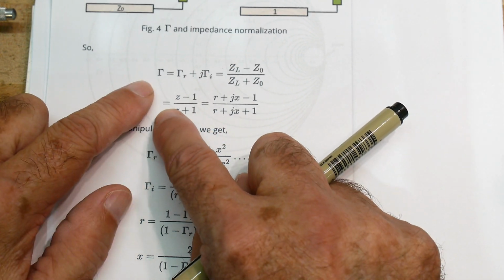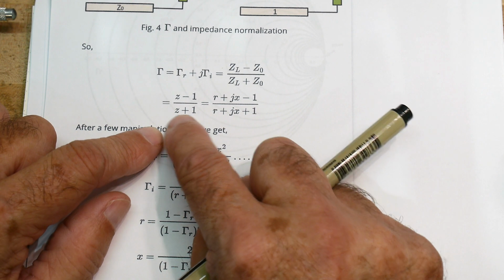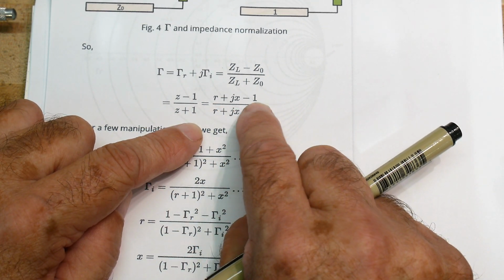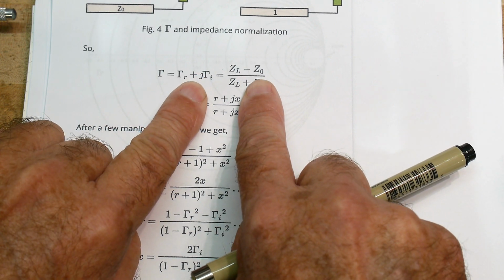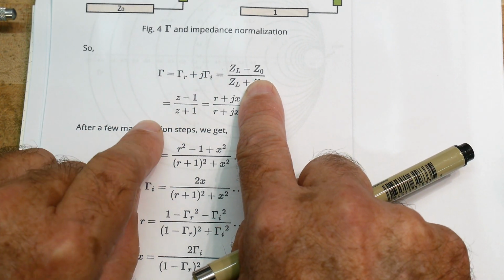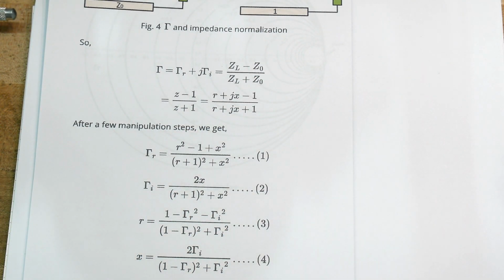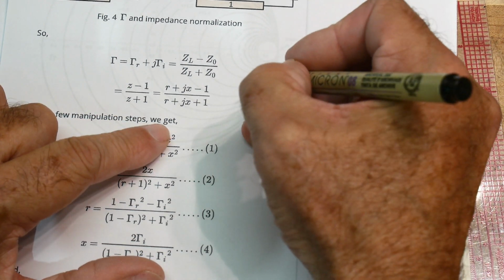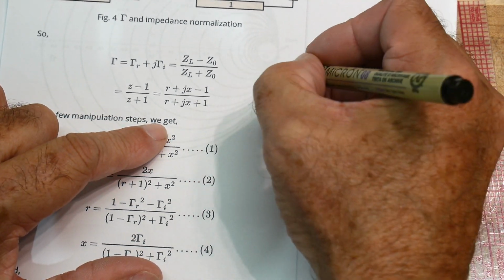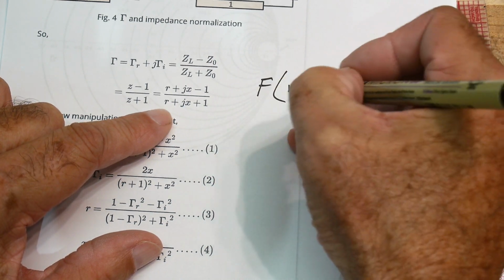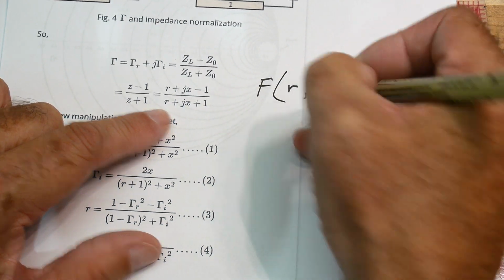So now gamma is also little z minus 1 over little z plus 1, which is also r plus jx minus 1, because remember this is little z, I'm sorry, and so we have minus 1 over plus 1. Okay, so now this is the important part.